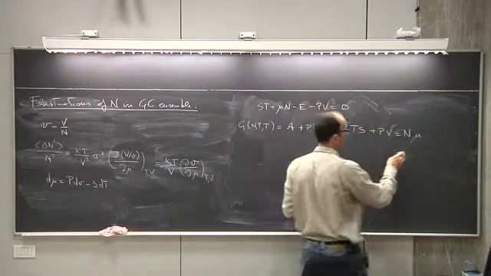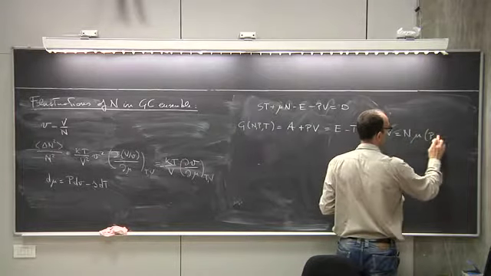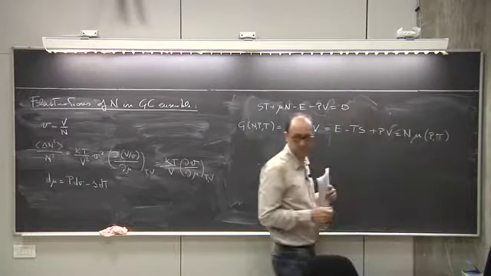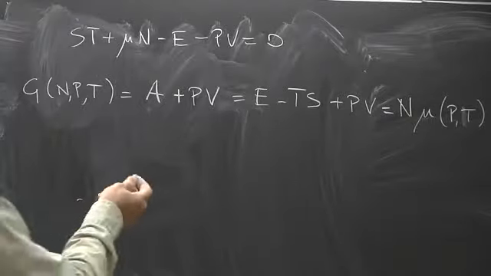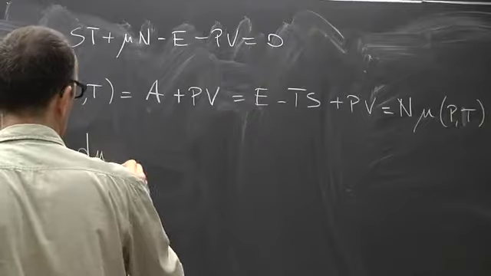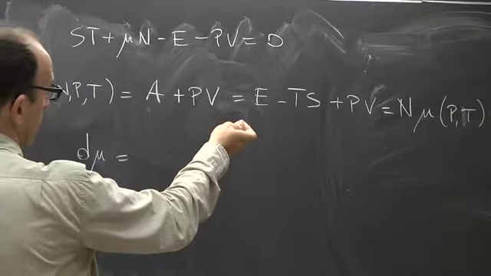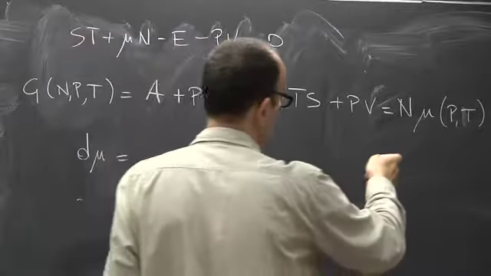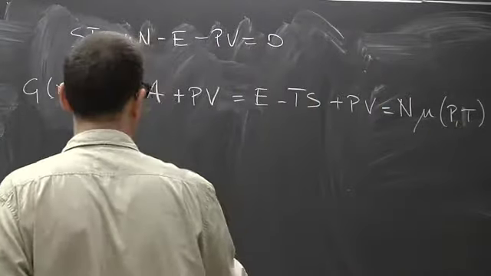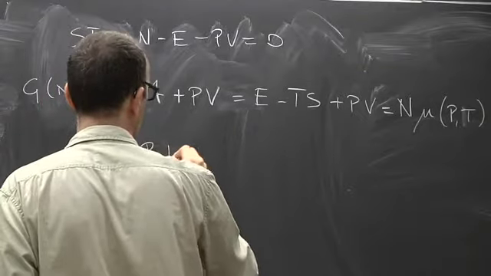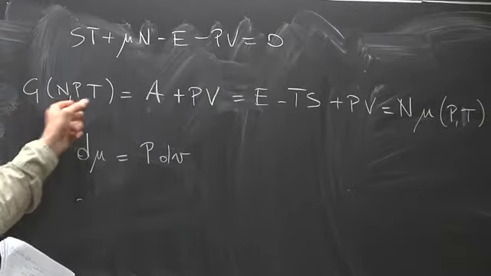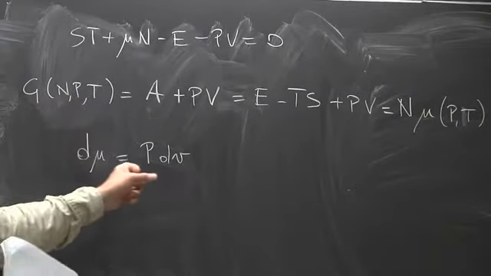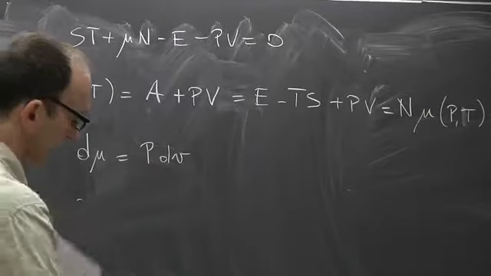So this tells you that mu is a function of P and T. Okay. And then of course, the differential of mu will be equal to P times, so you get the differential of mu from the differential of G. So you have P times dV. Sorry.